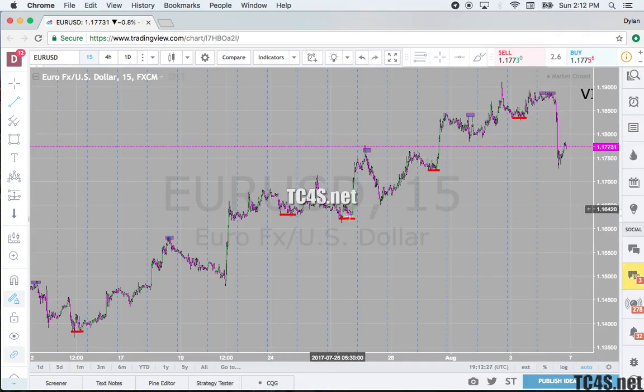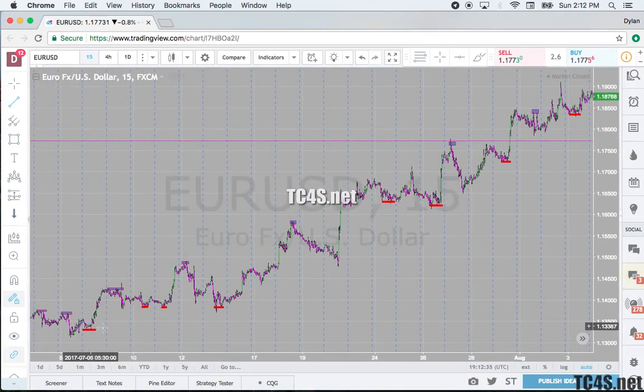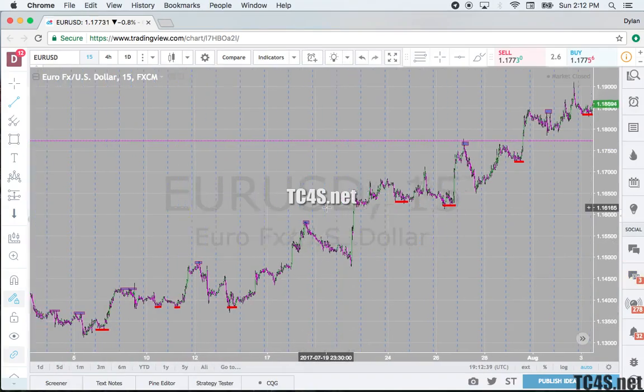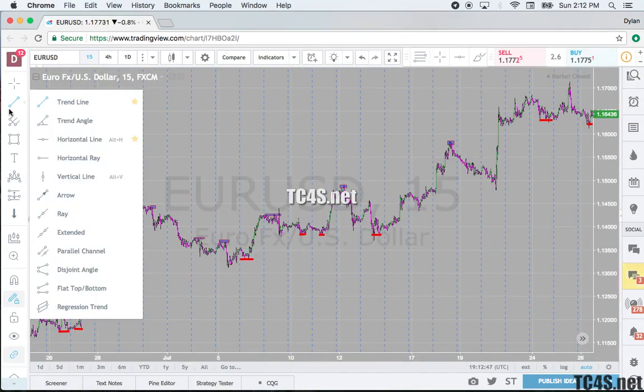Now, what these represent are, the red lines represent W formations that you could have bought the second leg of the W at and went with the trend.